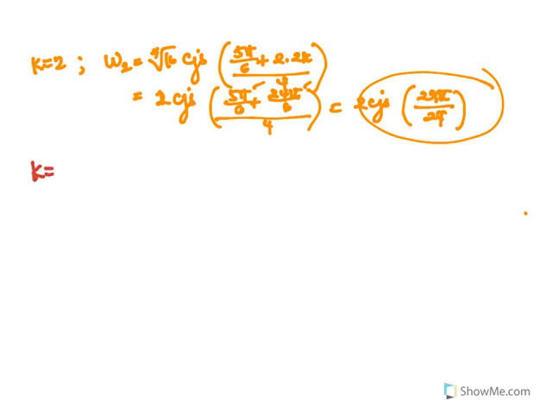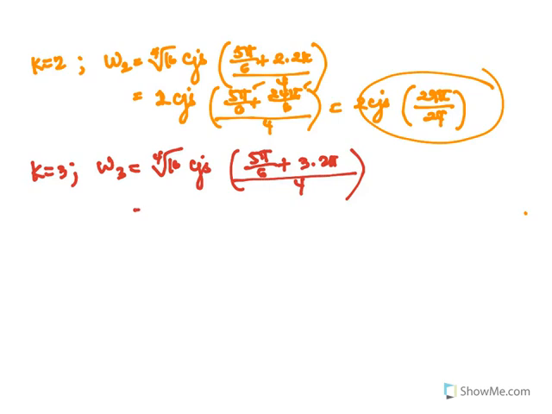And lastly, for k equals 3, omega sub 3 is equal to the fourth root of 16, cis of 5 pi over 6 plus 3 times 2 pi, all over 4. So this is 2 cis of 5 pi over 6 plus 6 pi over 4, but 6 pi can be written as 36 pi over 6.